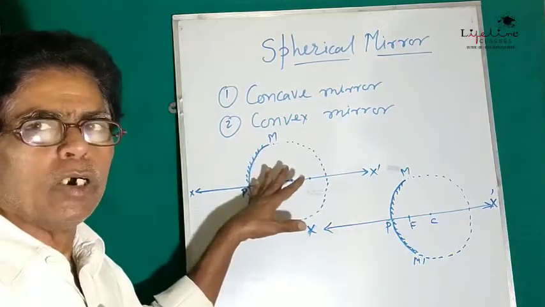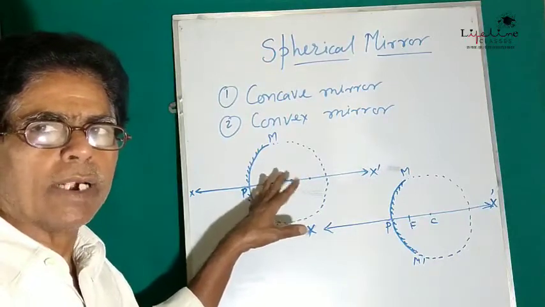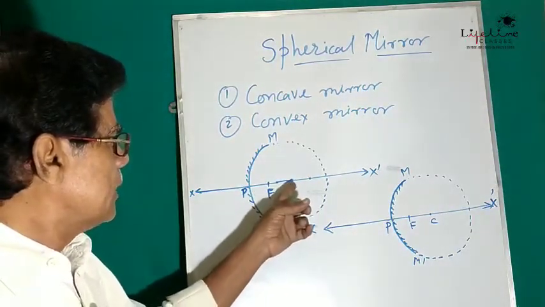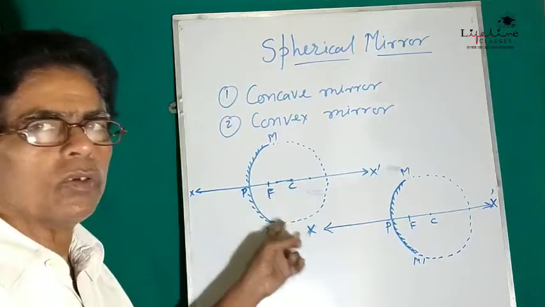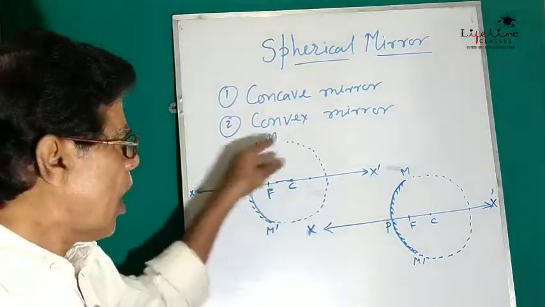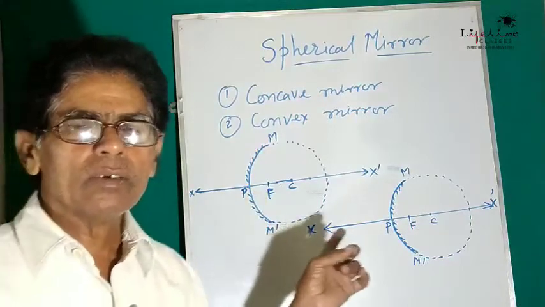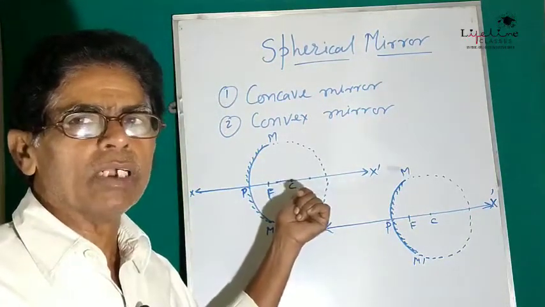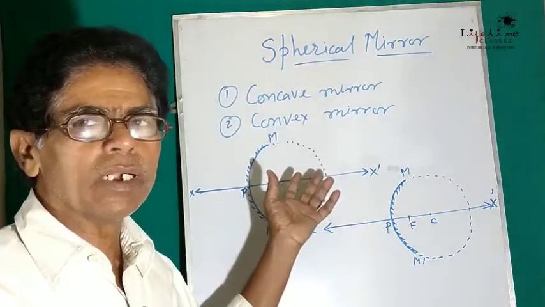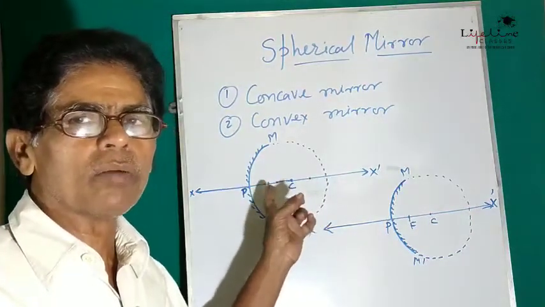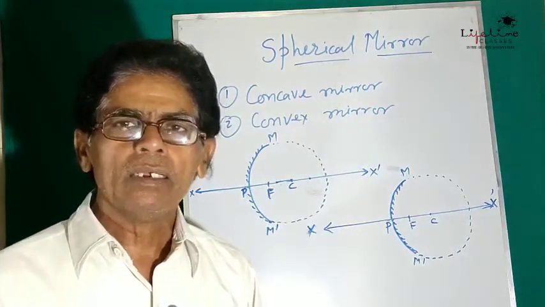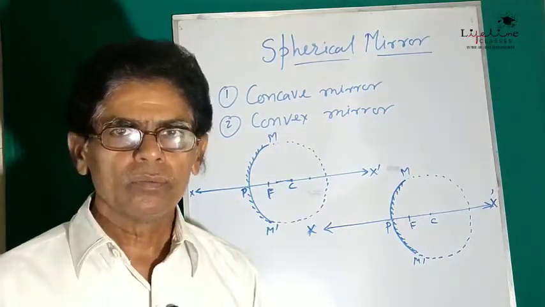Since it is a two-dimensional diagram, it is denoted as the central point of this circular outline of the mirror, and this will represent the center of curvature of the concave or convex mirror of which the mirror is a part.